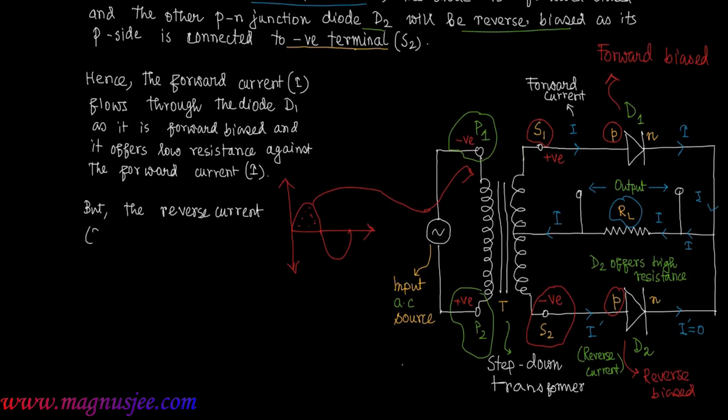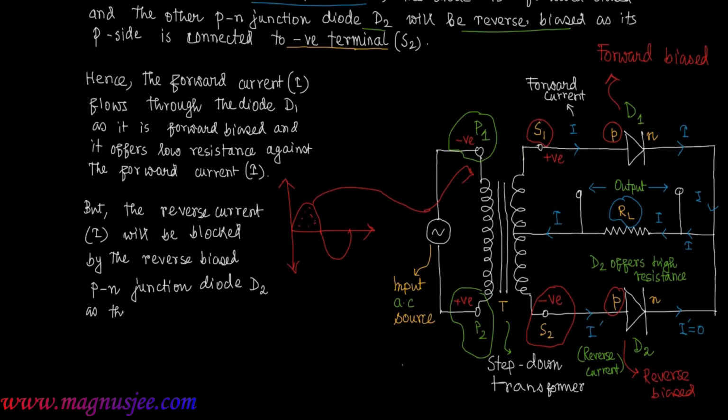I prime, will be blocked by which diode? Will be blocked by the reverse biased PN junction diode D2.